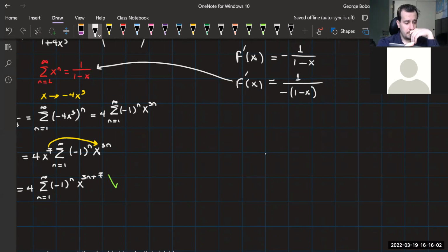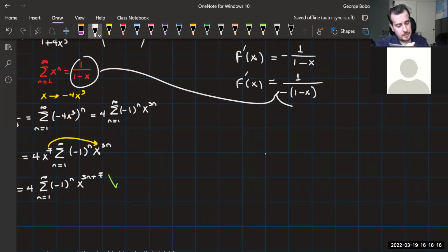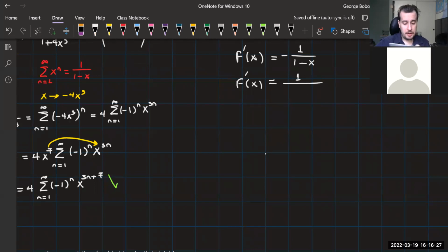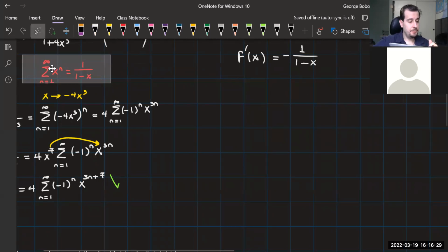Think about this for a second. So what could I do here? What could I do to this x, or to the whole power series itself? What could I do to mimic? I want to match, let me explain. I want to match this to this right now. What change do I need to make to the red? Multiply by -1. That's it, right? Literally, I don't even have to write this step. That's it.